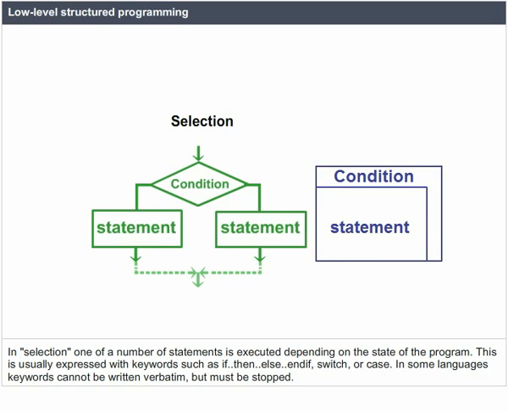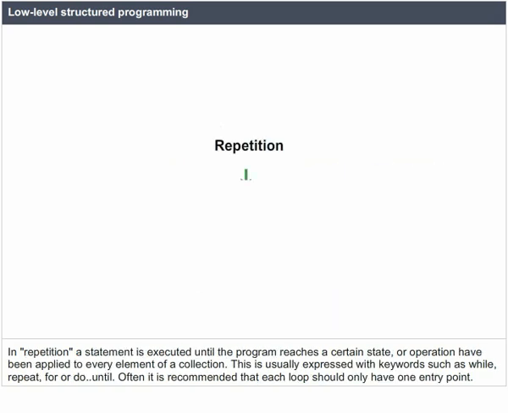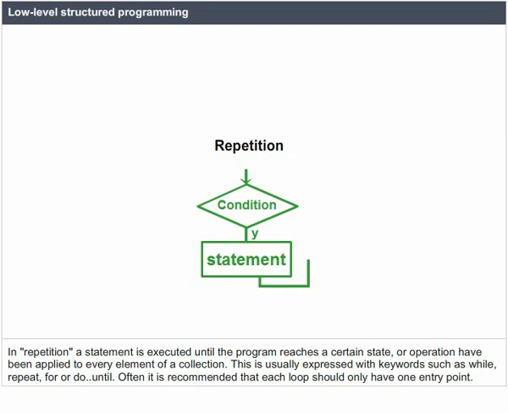In repetition, a statement is executed until the program reaches a certain state or operations have been applied to every element of a collection. This is usually expressed with keywords such as while, repeat, for, or do until. Often it is recommended that each loop should only have one entry point. Common deviations.